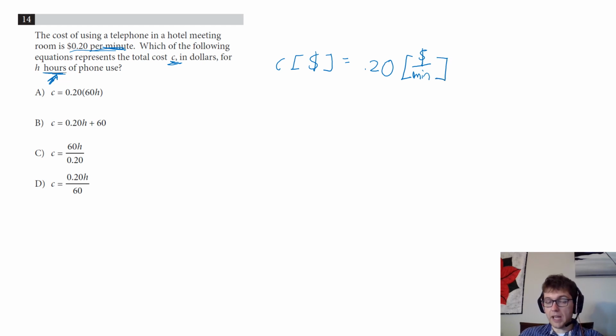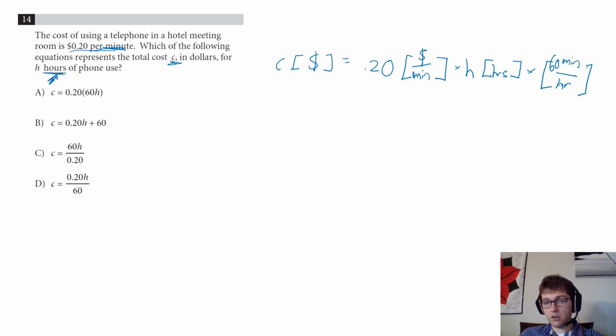The information that we have is the number of hours. So we have times H, which is in hours. How do we reconcile these two things? We need to multiply by a conversion factor, which is the number of minutes in 1 hour. And in this case, it would be 60 minutes in 1 hour.